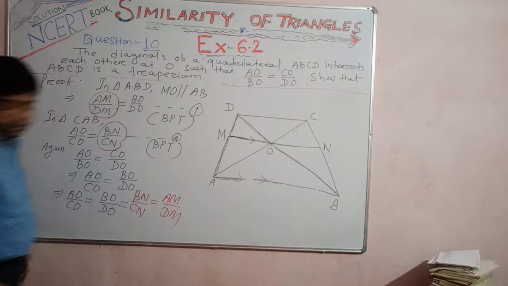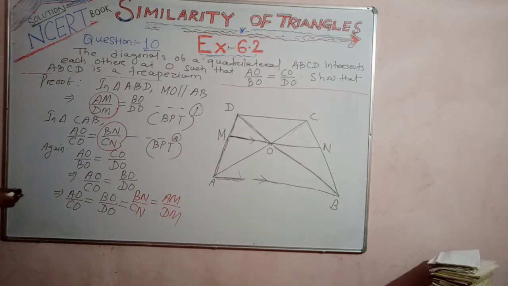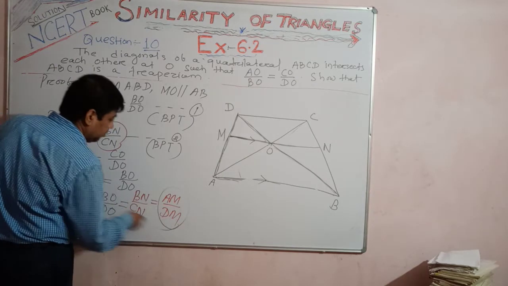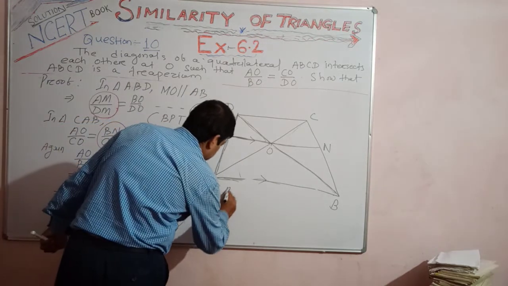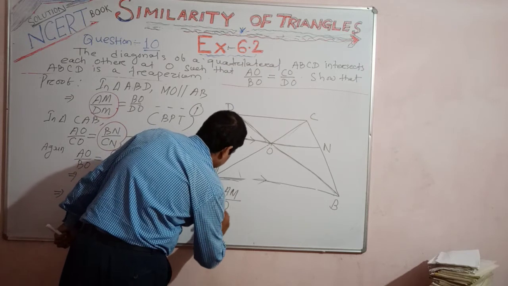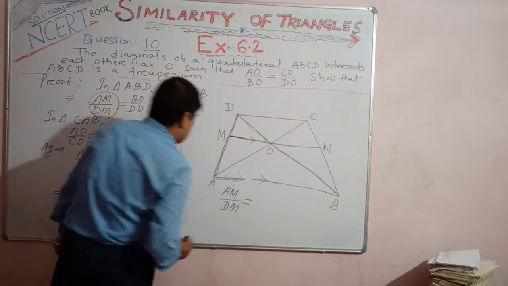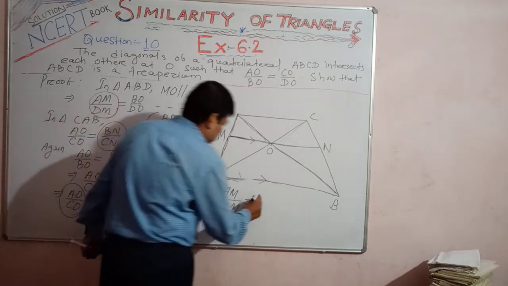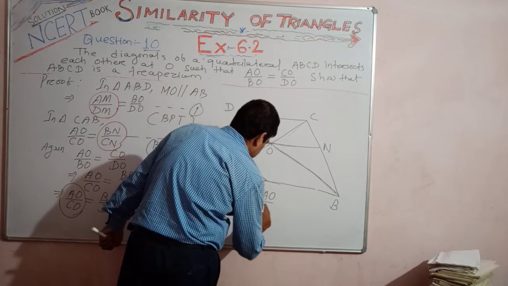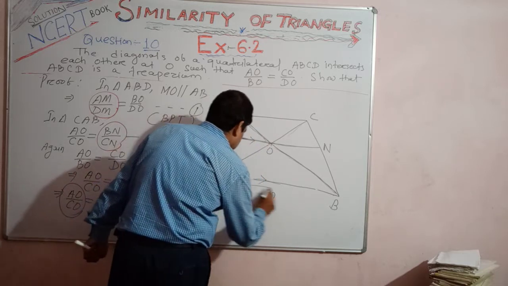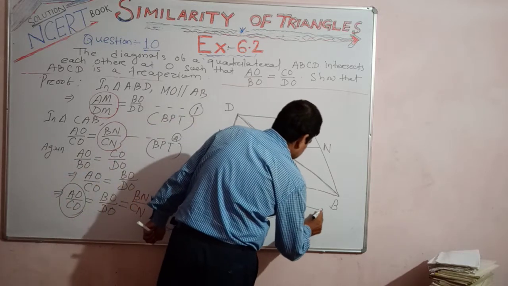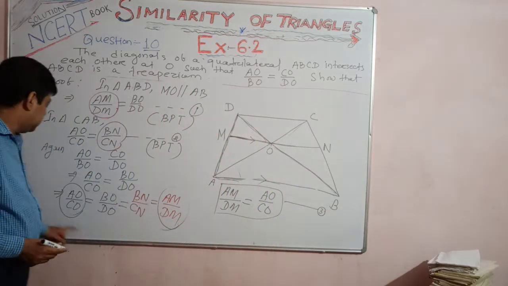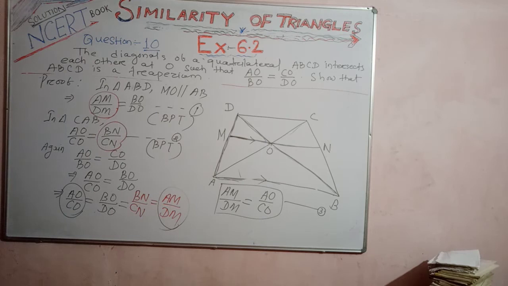Look at here, closely observe. You see now AM upon DM is equal to AO upon CO. You can get another point from the previous statement: AM upon DM is equal to AO upon CO. Right?